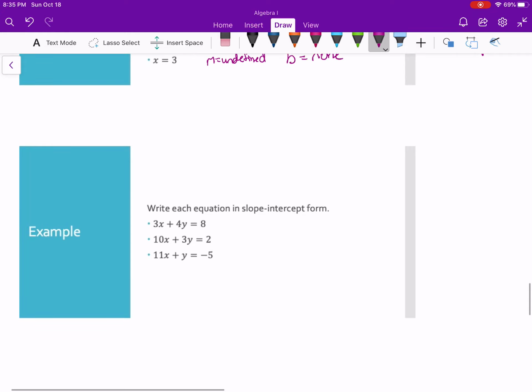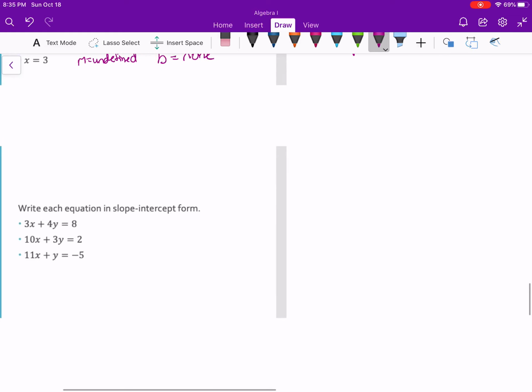And last thing for this lesson, writing each equation in slope-intercept form. In the last unit, we talked about solving for a certain variable when we have more than one. So when we have 3x plus 4y equals 8, to put it in slope-intercept form, we are solving for y. So that means we have to get rid of everything except for the y. So I'm going to subtract 3x first. So we get 4y equals, you could write 8 minus 3x, but since I know that slope-intercept form is mx plus b, I'm going to do the negative 3x first.